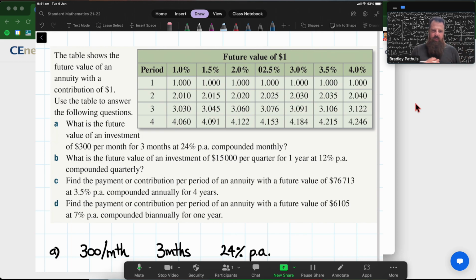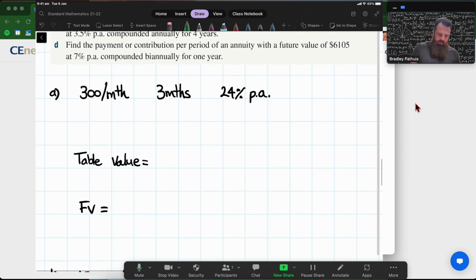So A, what is the future value of an investment of $300 per month? So here we've got a per month, so now we need to make sure that everything we're dealing with is in months. For 3 months at 24% per annum compounded monthly. Because everything is in months, our number of periods is in months, happy days.